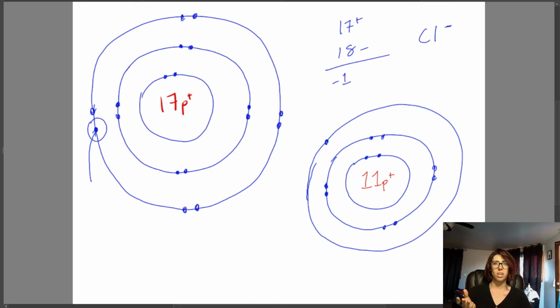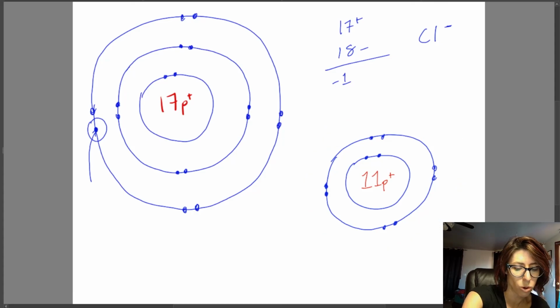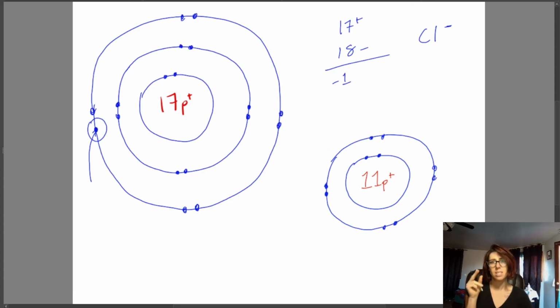All right, so sodium has 1 electron in its outermost electron shell. It needs 7 for that shell to be full. So it could gain 7 electrons, but that's a lot of extra electrons for a pretty small nucleus to attract, because there's only 11 protons. It's easier for it to simply lose that last electron. So instead of gaining 7 electrons, it's probably going to lose 1, leaving the full second shell.